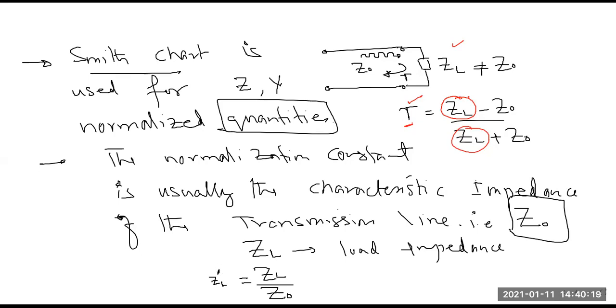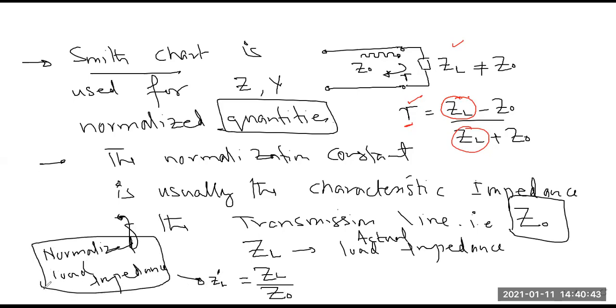So ZL dash is now the normalized load impedance. Capital ZL is your actual load impedance, and when you divide it by Z naught, you will end up with a normalized version of that. So this is another important point about Smith chart.